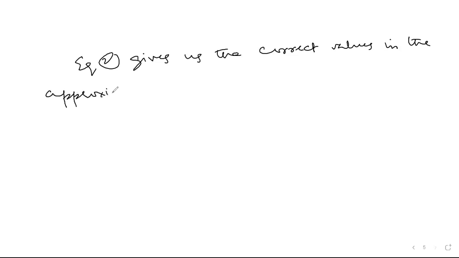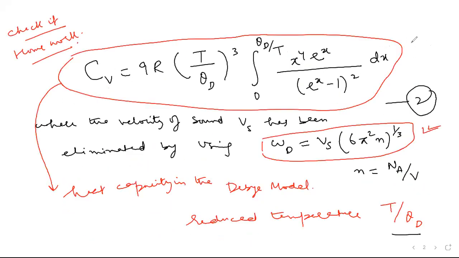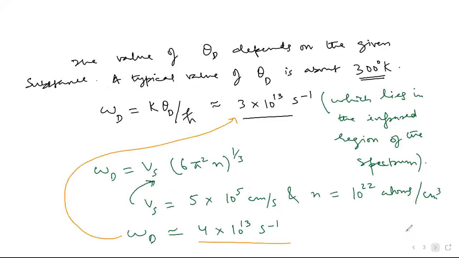Equation 2 gives us the correct values in the approximate temperature limits, right? This is a general equation, equation 2. So let us see that.